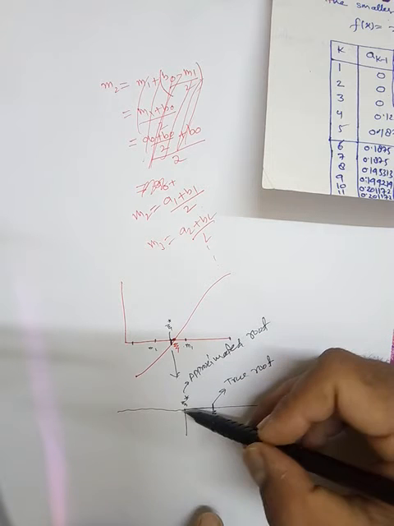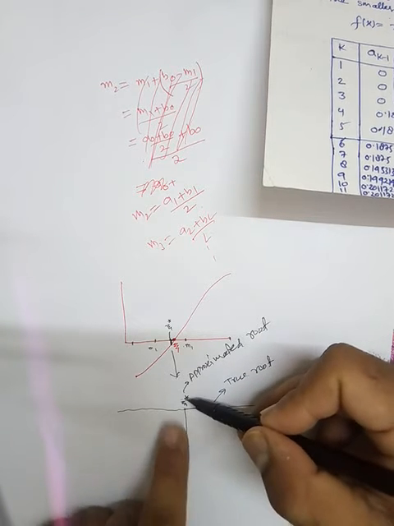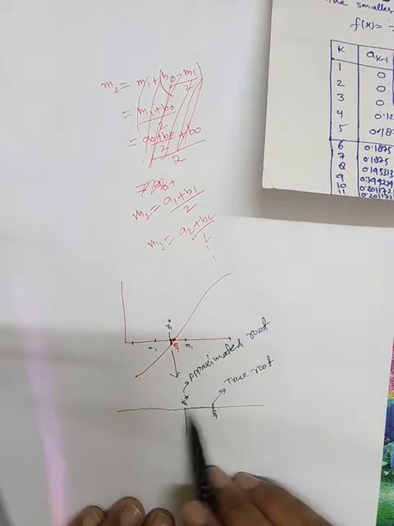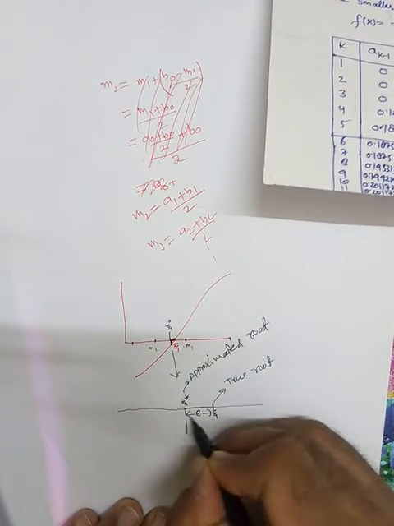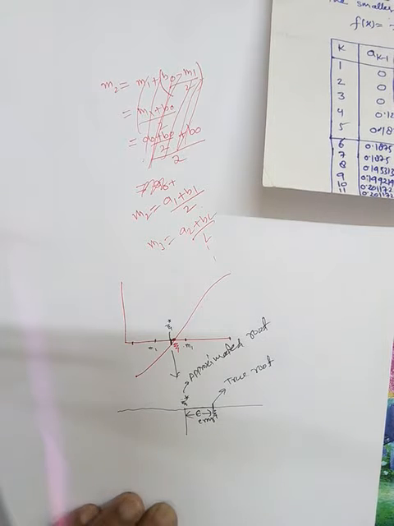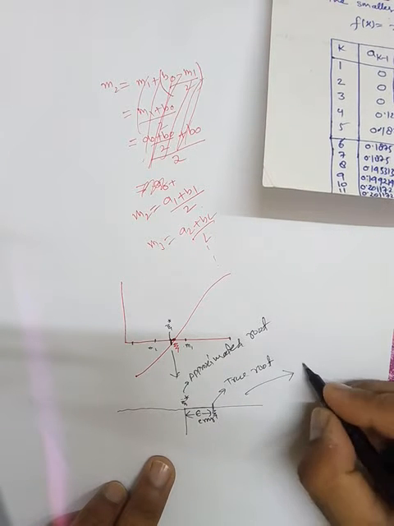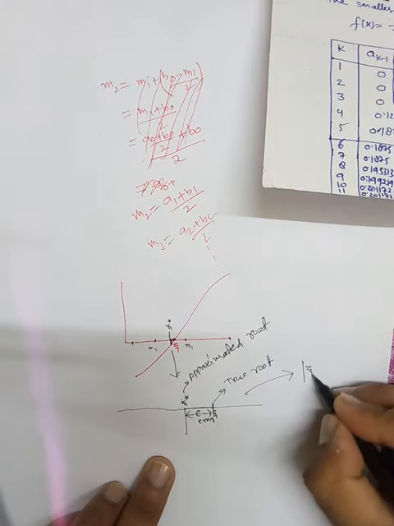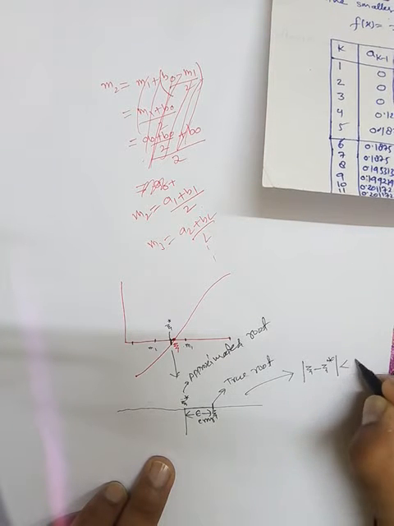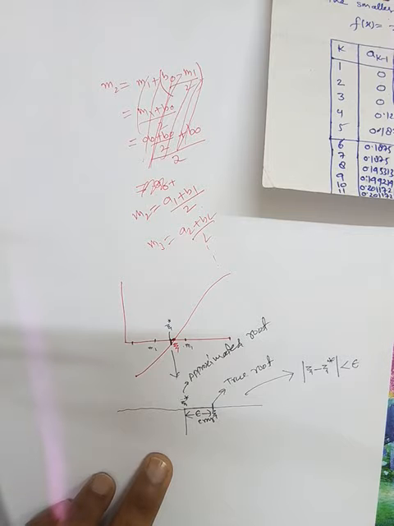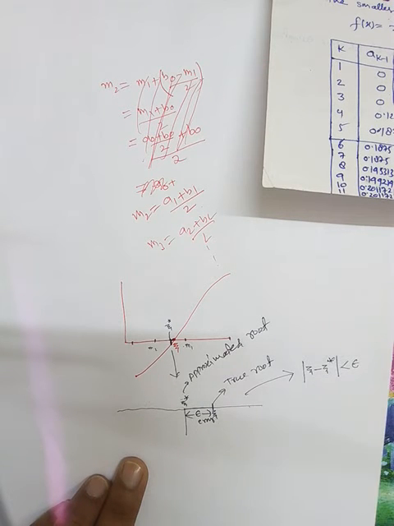Suppose this is the nearest we reached with our calculation. So still you can see this is the error, this is epsilon. So we can say the magnitude of xi minus xi star is less than epsilon, because xi may be here or here, that's why I am taking the magnitude.